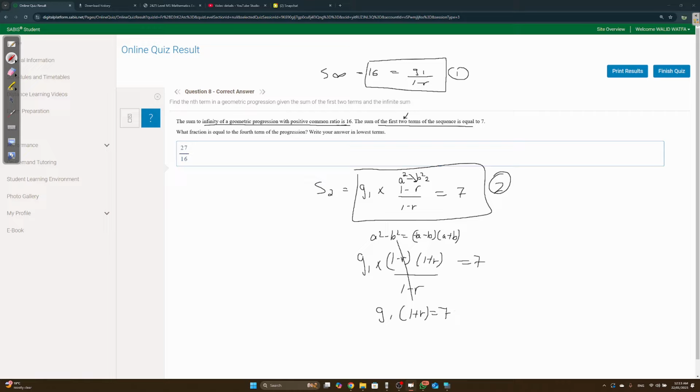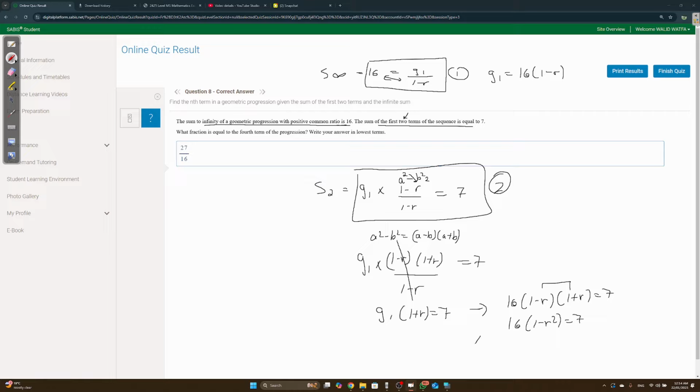Can I substitute g1 with something? Yes, I can. We know g1 is equal to 16 times (1 minus r). So over here, I can substitute g1 with 16(1 minus r), and you have 1 plus r left here, equals 7. If you expand these, you're going to get 16(1 minus r squared) is equal to 7.